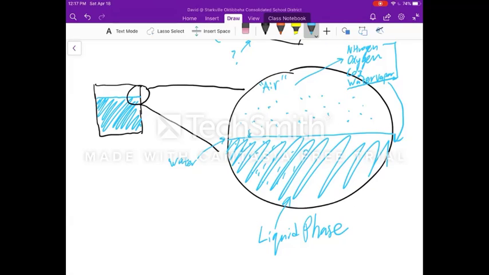And so when you see a glass of water that's staying at a liquid phase, if you see the way that I'm drawing my arrows, if that water level is not decreasing, that means that you're in a net zero change.